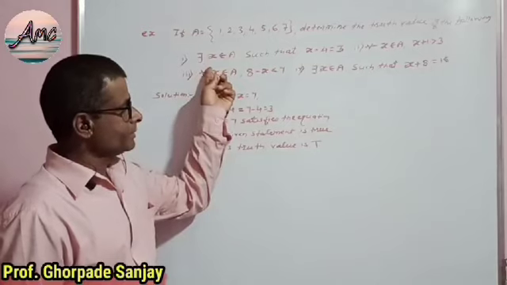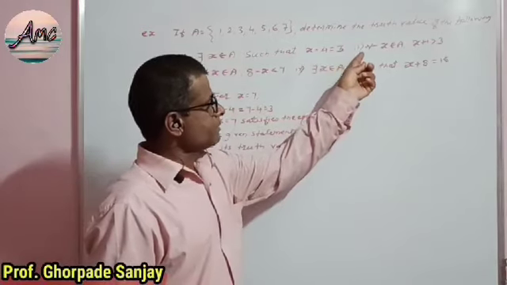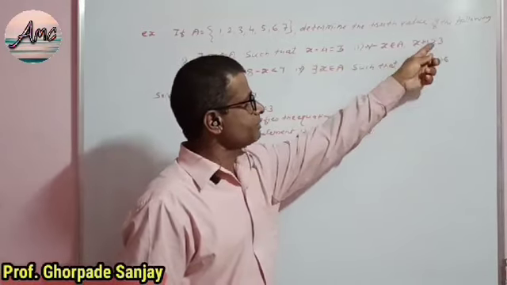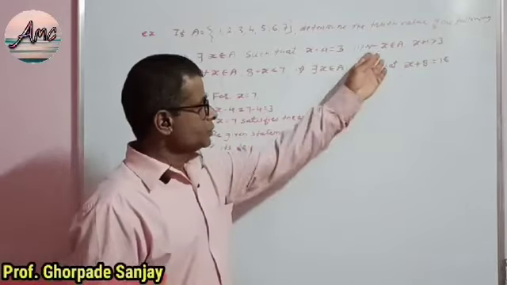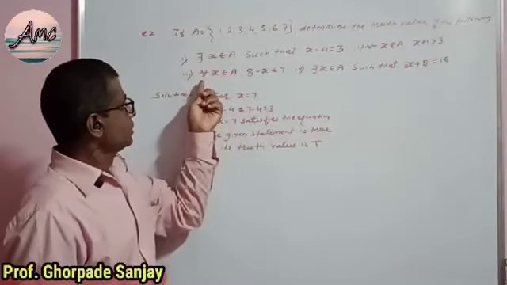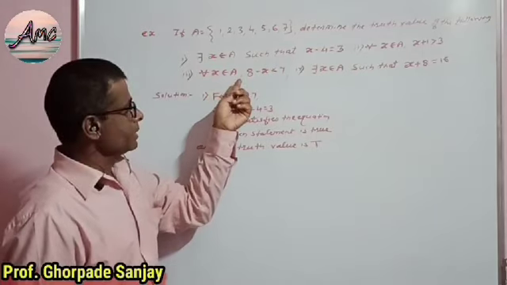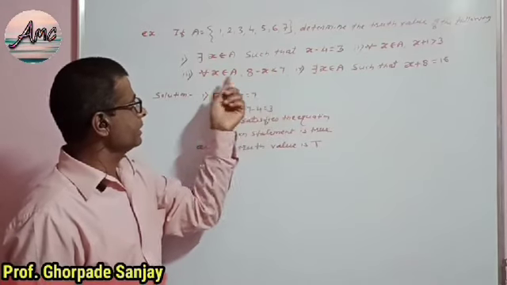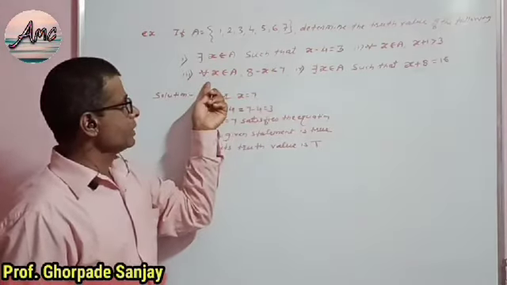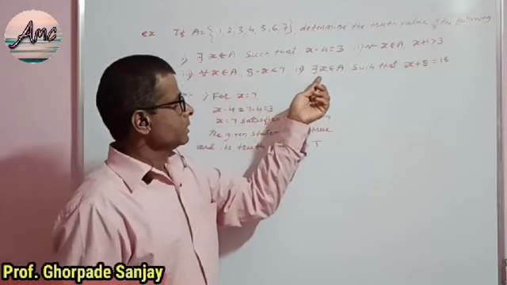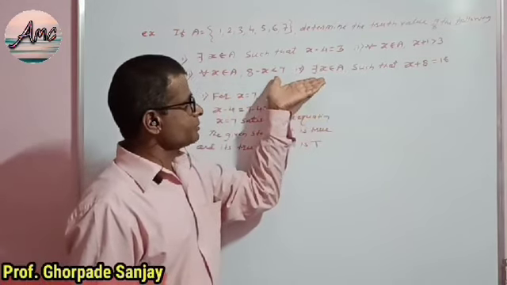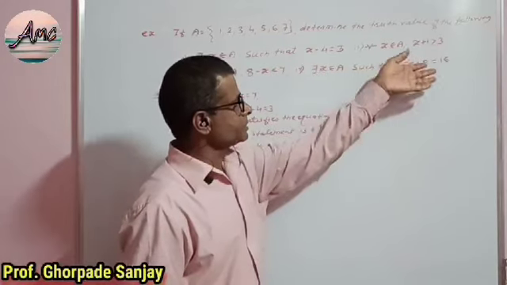Existential quantifier. Second example: for all x belongs to A, x plus 1 is greater than 3. Universal quantifier. Third: for all x belongs to A, 8 minus x is less than 7. Universal quantifier. Fourth example: there exists x belongs to A such that x plus 8 equals 16.